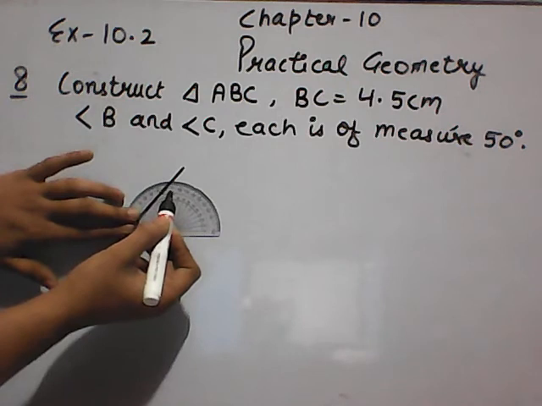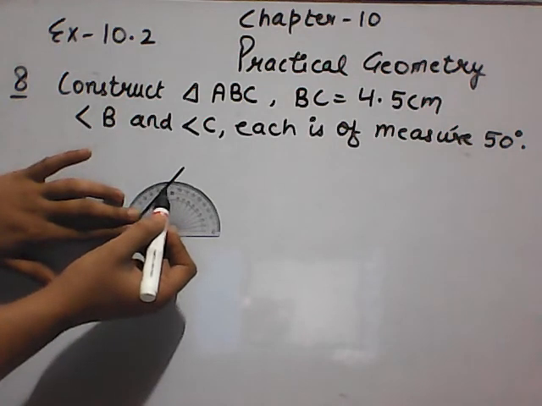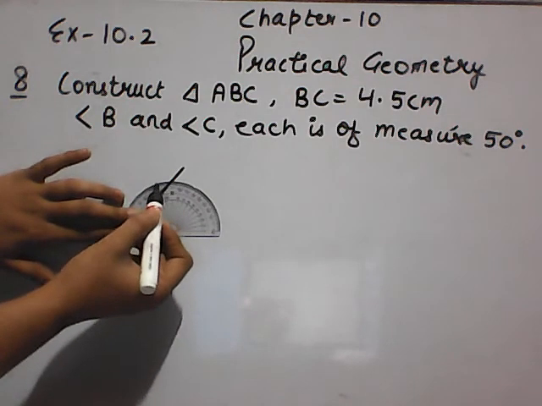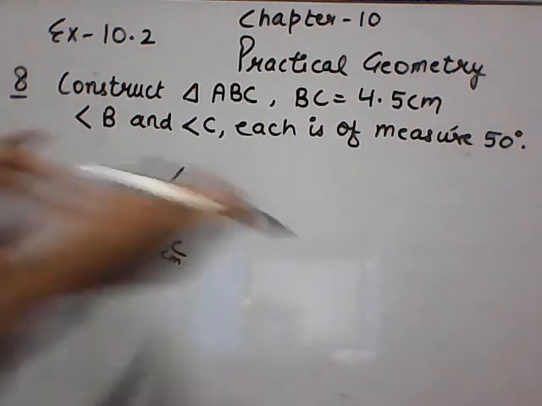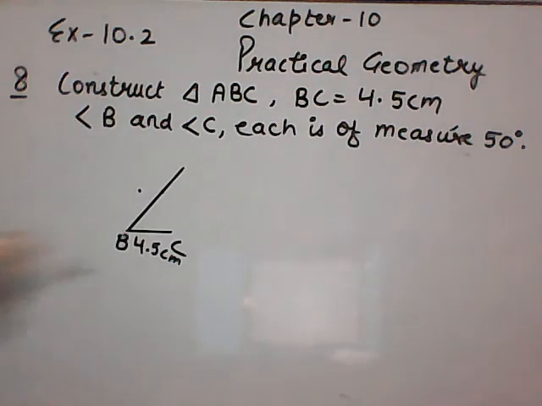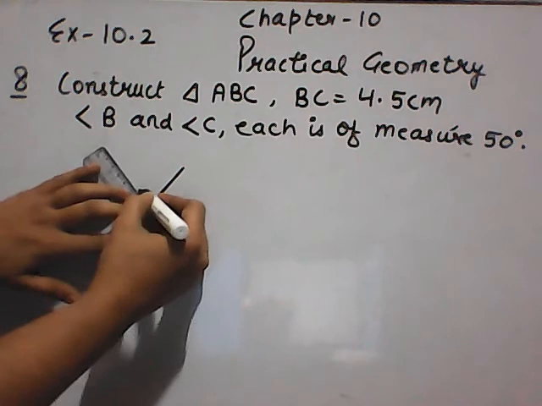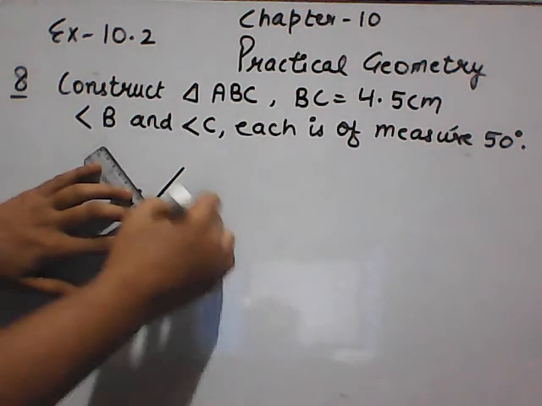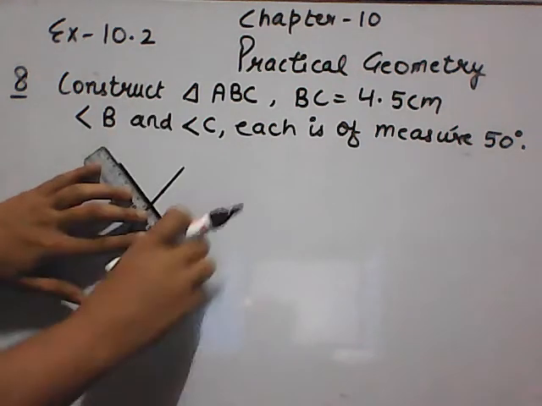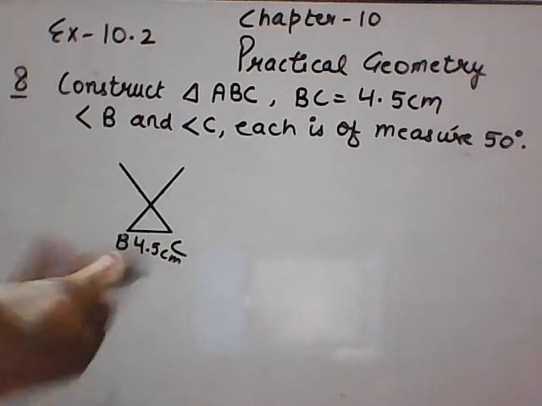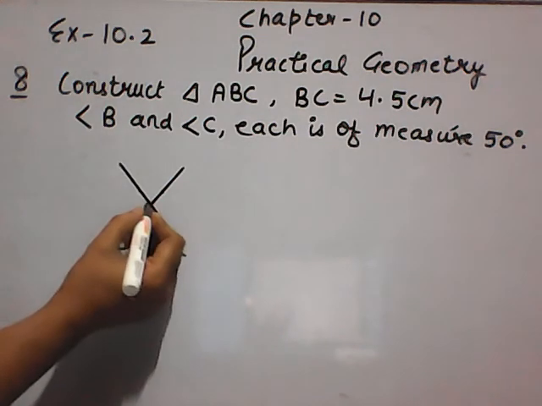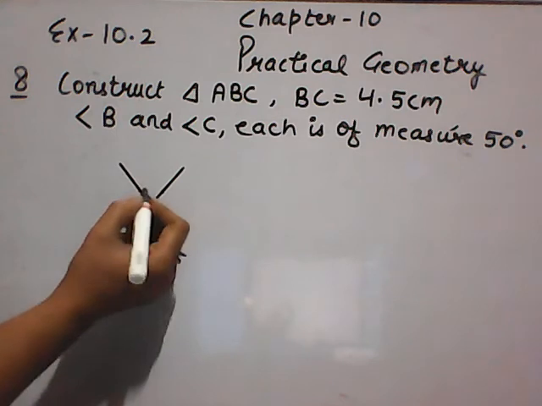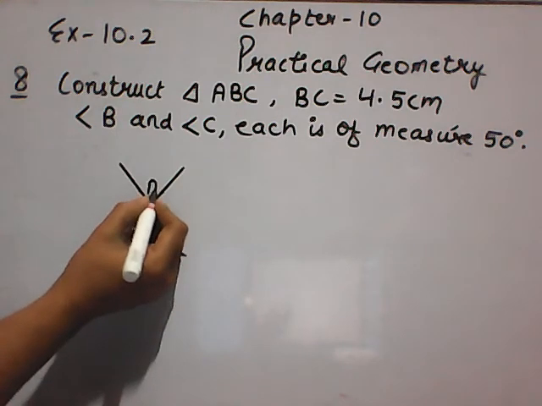You have to read out the upper graduated scale: 90, 80, 70, 60 and 50. It is 50-degree. You have to draw 50-degree angle with the help of protector at point B and at point C. Now where these two rays meet, it is point of intersection and we name this as A.